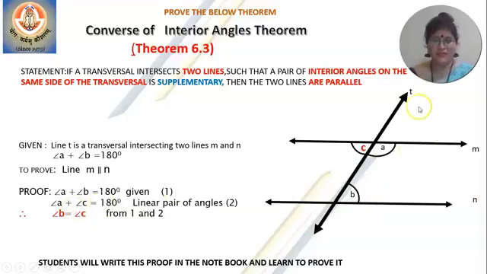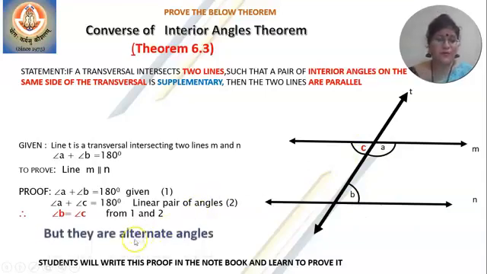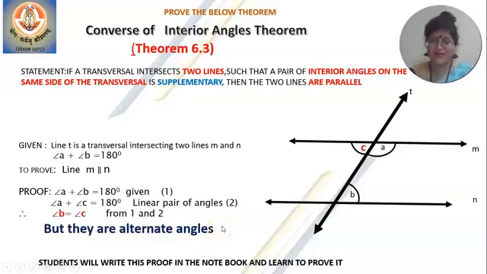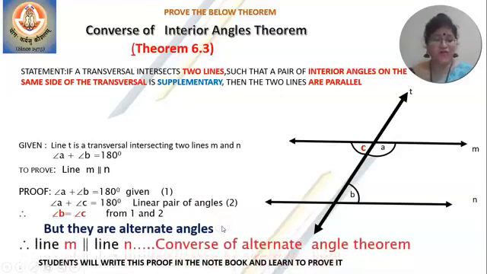If a transversal intersects two lines and if a pair of alternate angles is congruent, then those lines will become parallel. Automatically they'll become parallel. Now when I'm saying that B is congruent to C, it means if B is say 60 degrees, C will also be 60 degrees. But they are alternate angles. It's a very important statement. Therefore, line M is parallel to line N because of the converse of alternate angle theorem.